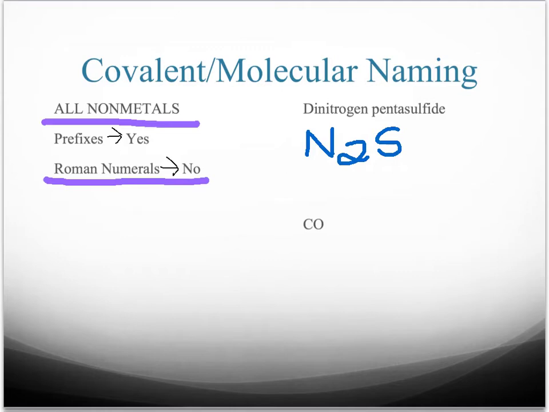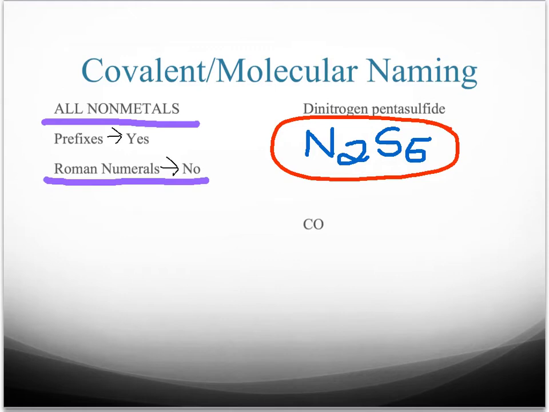Think of the Pentagon in Washington, it has 5 sides. So anything penta is 5. So if it's pentasulfide, that means there's 5 sulfides. And that would be our final answer for that one. So that's dinitrogen with the 2 nitrogens and then the 5 with the sulfide, pentasulfide.